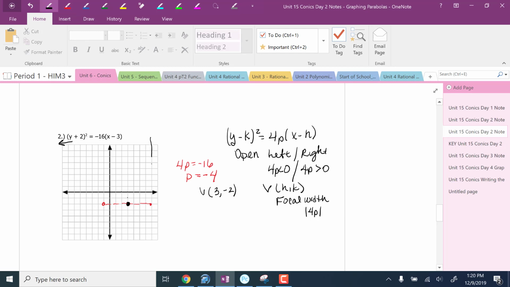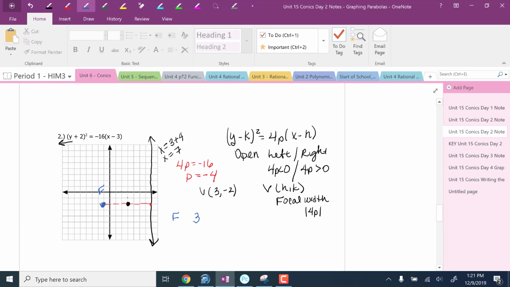This is going to be where my directrix is. x is equal to my x-coordinate plus my p. So that's a vertical line. And then that puts my focus on the other side of my vertex. Again, what's going to get adjusted is my x-coordinate.